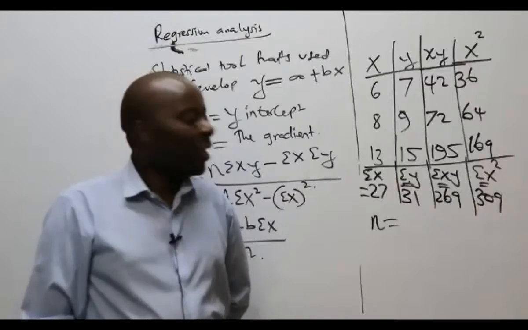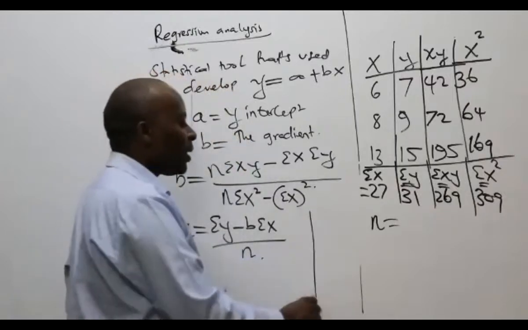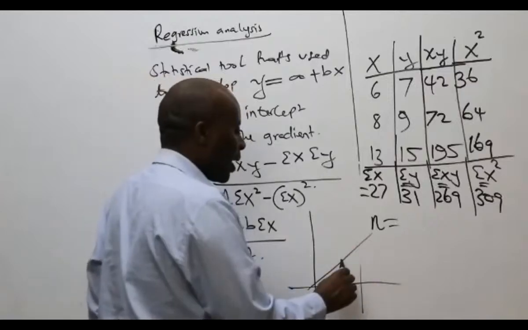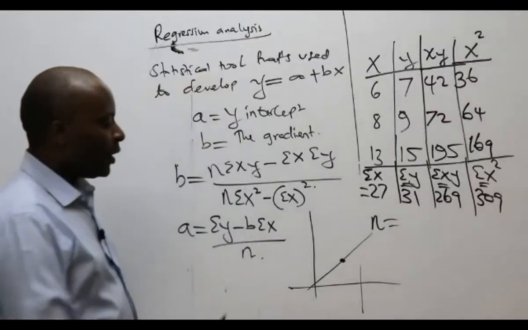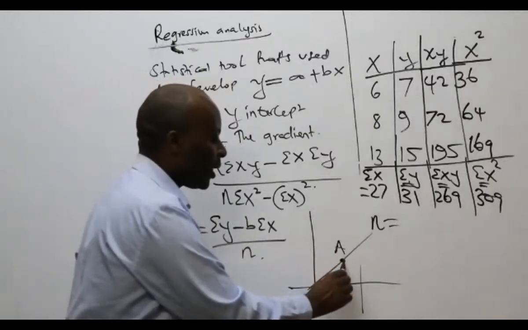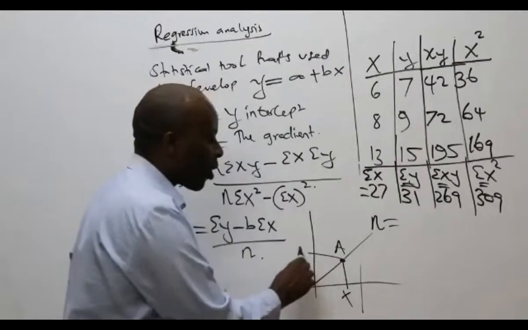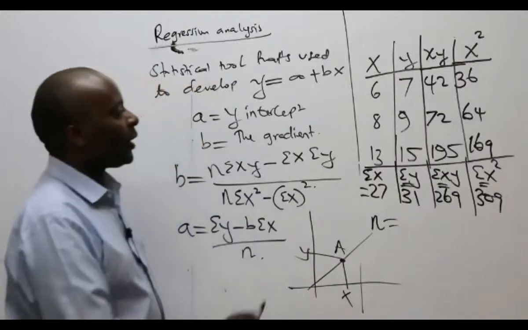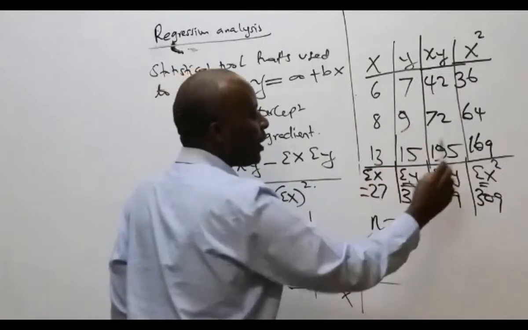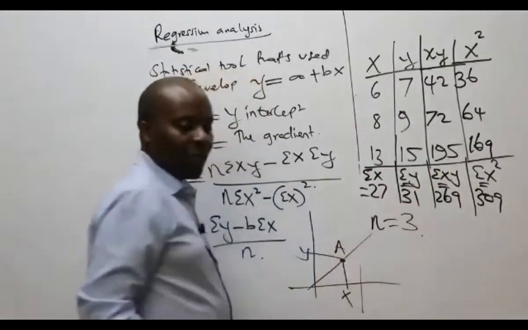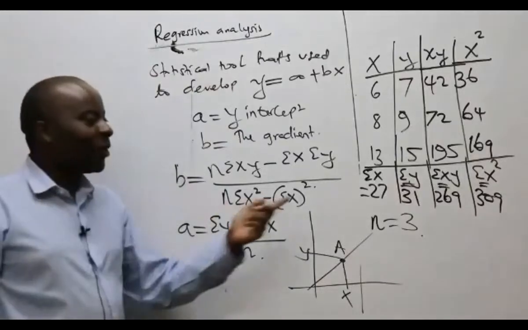Remember on a Cartesian plane, this is how our points look like. If this is point A, it has got an x coordinate and a y coordinate. So meaning that when you see this xy, like this is point number 1, point number 2, point number 3, you are correct. n is 3. Please don't count the totals.